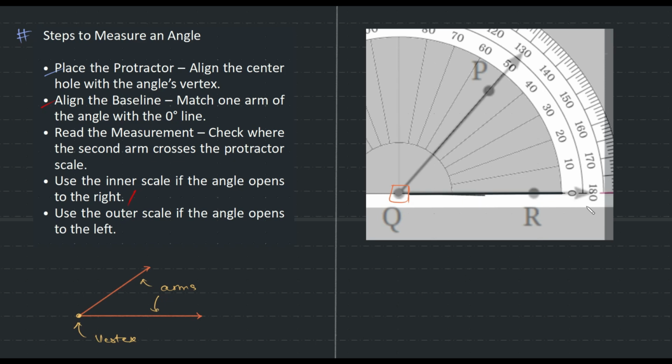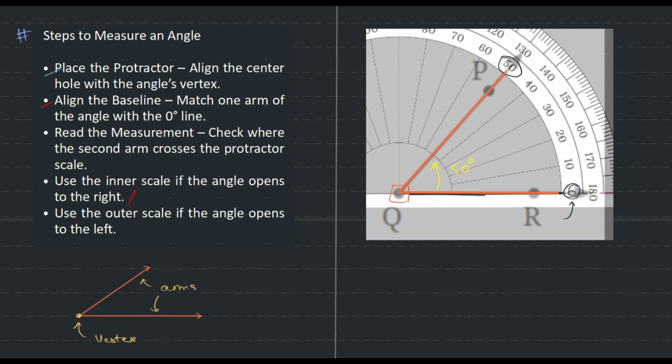My funda is to start where the 0 is and start counting where the arm is. The initial arm is pointing towards this 0, so start from there and count 10, 20, 30, 40, and end where the second arm lies, 50. So in our case, this particular opening measures 50 degrees, as simple as that.